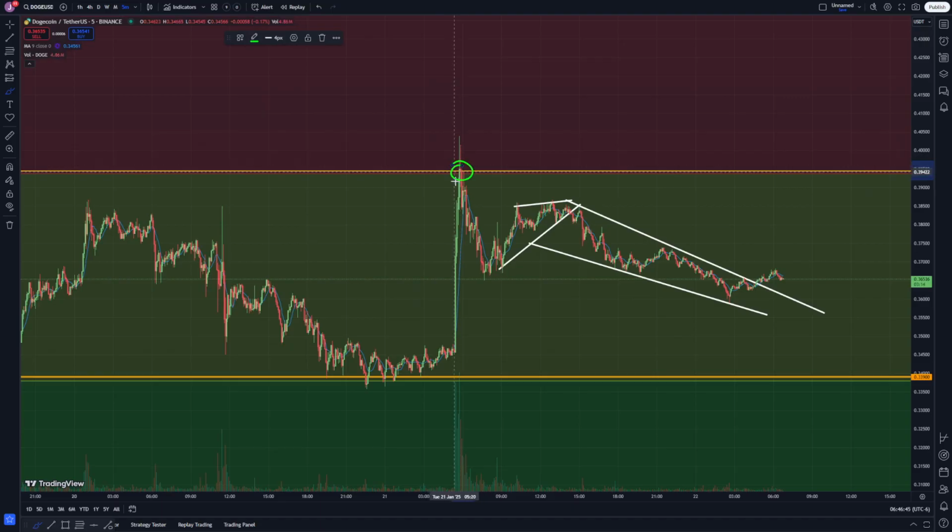We came up and hit the Fibonacci retracement target, which was the first thing I was looking for. Then, as far as taking profits, I gave it a little bit of chance to do its thing.